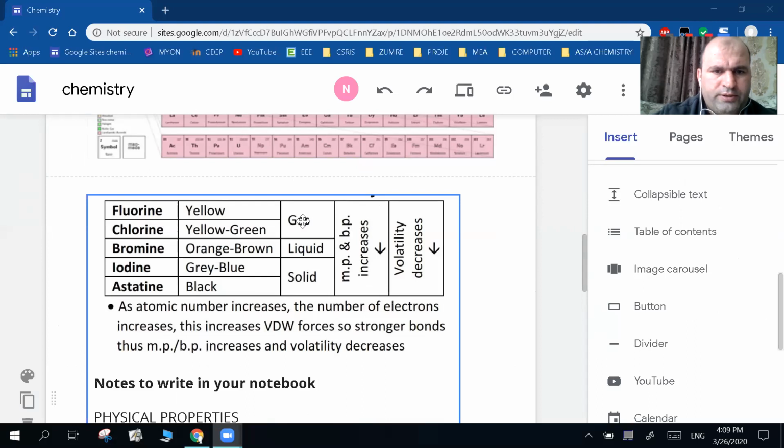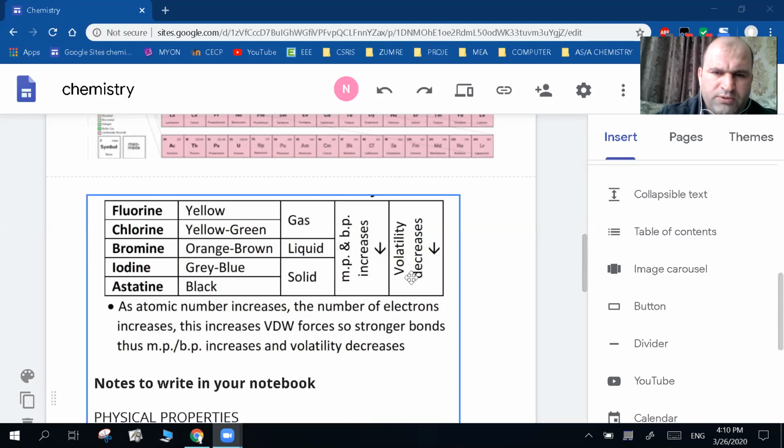The physical state goes from gas to liquid to solid, and solids have stronger intermolecular forces, so you can generalize like that. The one left is volatility.